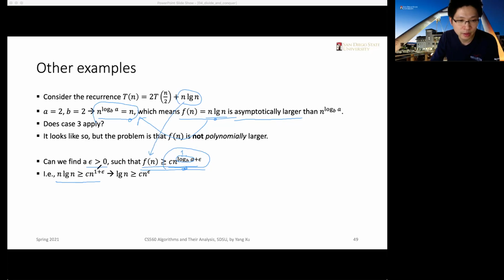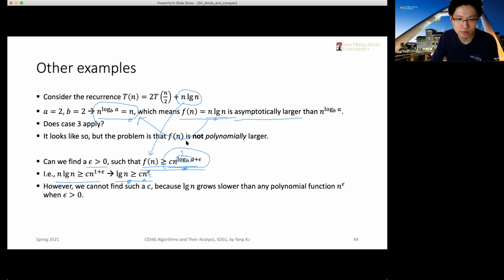If we eliminate n, it indicates a logarithm function should be greater than or equal to a polynomial function with some epsilon. But we know that this is not doable, because the logarithm function grows slower than any polynomial function, even if this epsilon is a really small positive number.